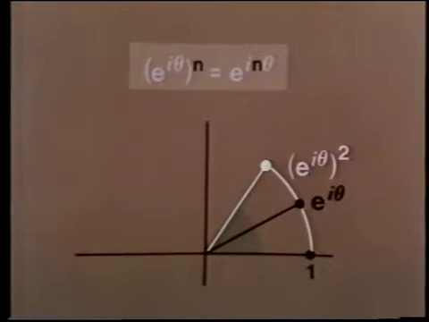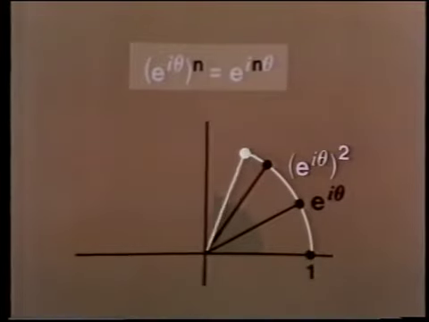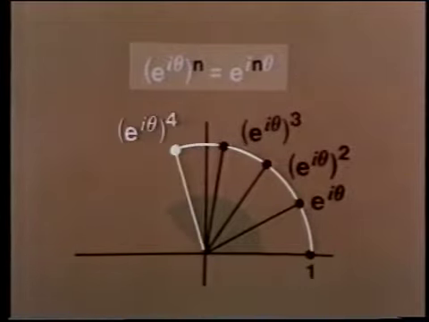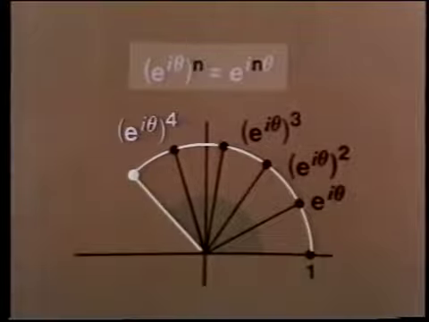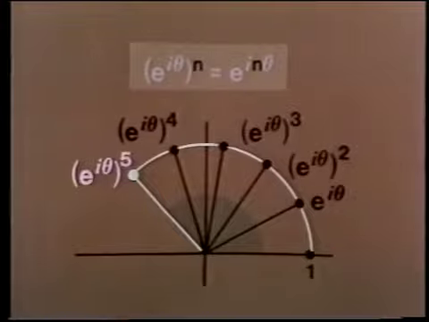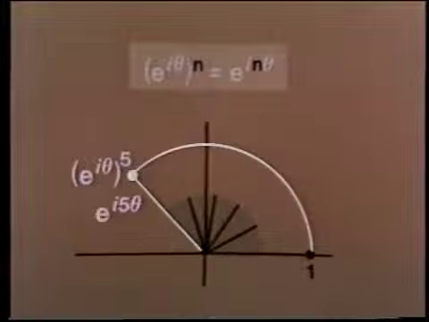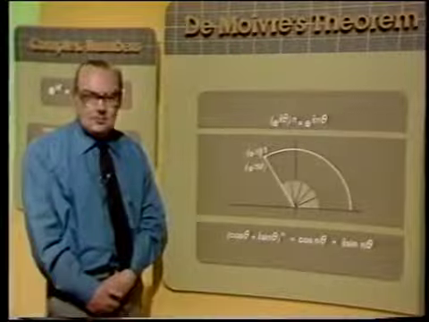For the cube, just multiply by e to the I theta again. And this way, you can build up powers of e to the I theta. The fourth power. The fifth power. But the angle here is just 5 theta. So this point can also be written e to the I 5 theta.